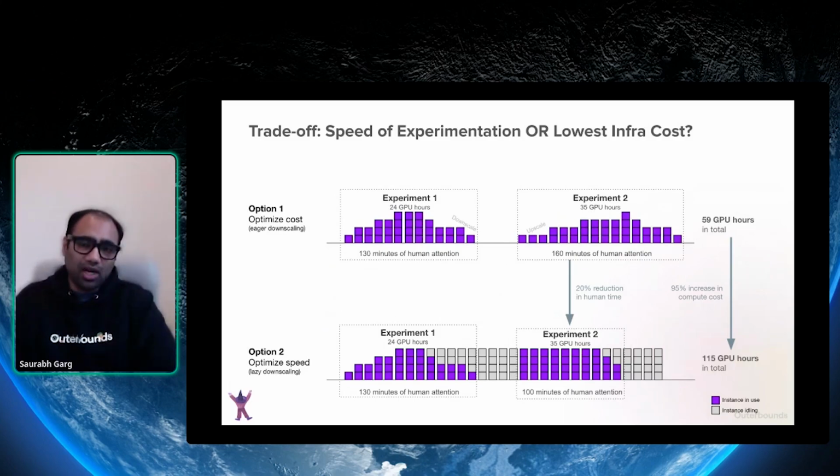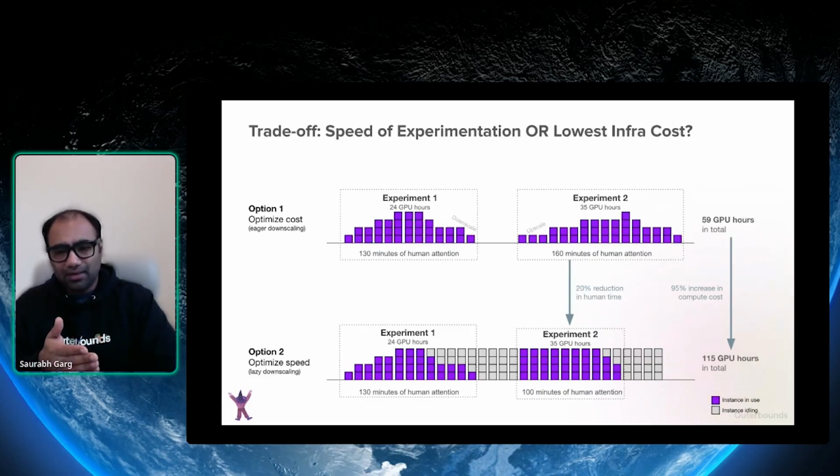So in the chart above, what you end up seeing is if you do eager downscaling, you end up with, let's say, a spend of 59 GPU hours in total, with let's say 160 minutes of human attention. But in option 2, you end up with 115 GPU hours because there's a window in which the GPUs are not really executing any workloads.